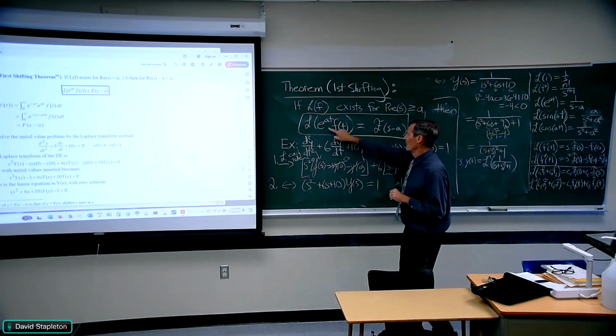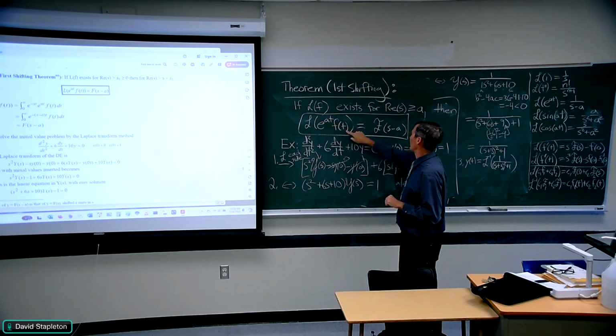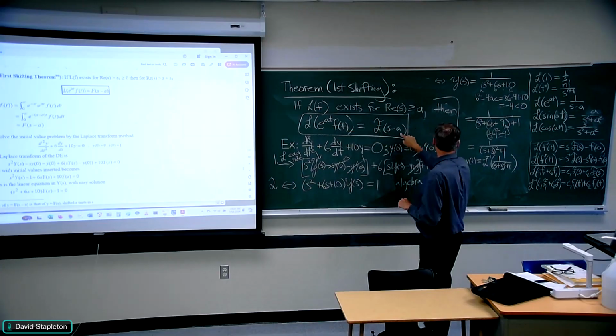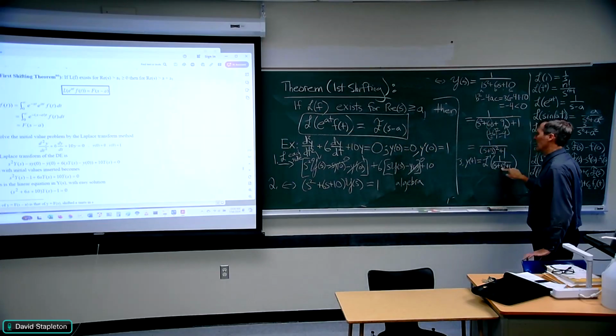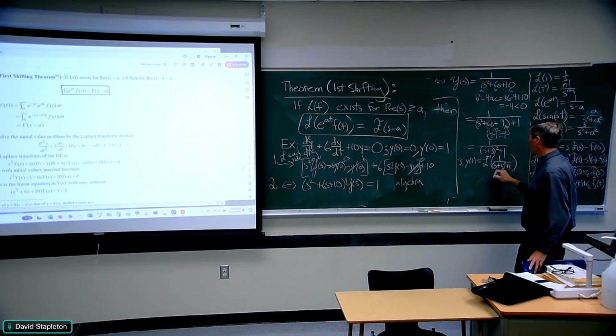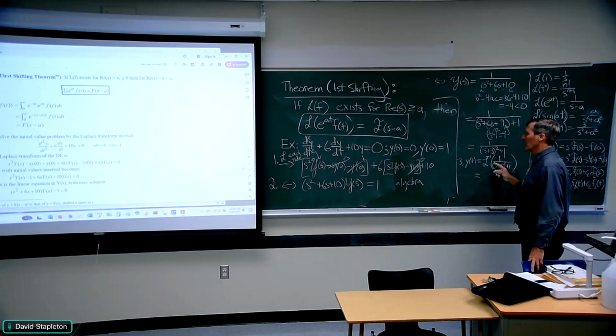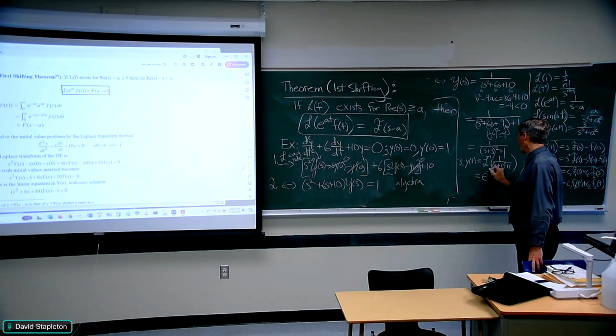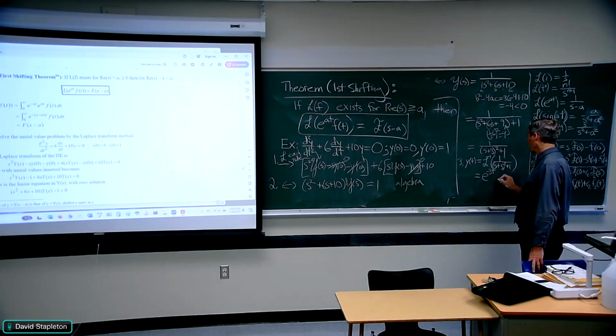The shifting theorem says e to the at f of t transforms to f of s minus a. If I think of this as s minus a negative 3, I could say this thing in here is the transform of e to the minus 3t times the inverse transform of 1 over s squared plus 1.